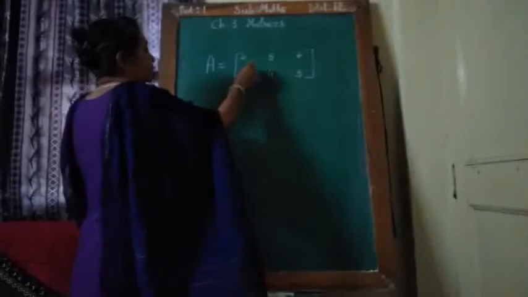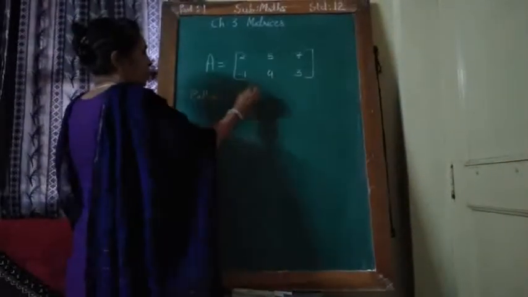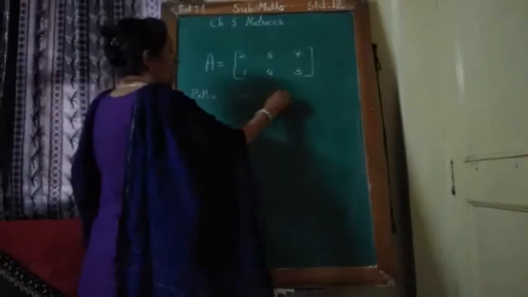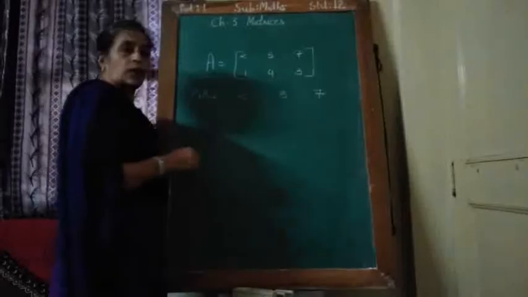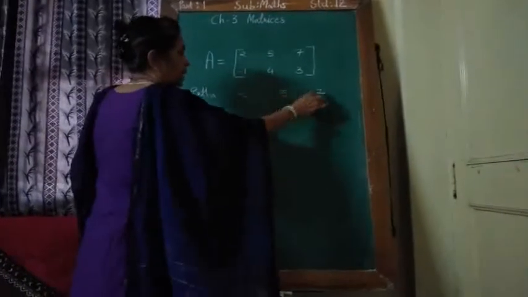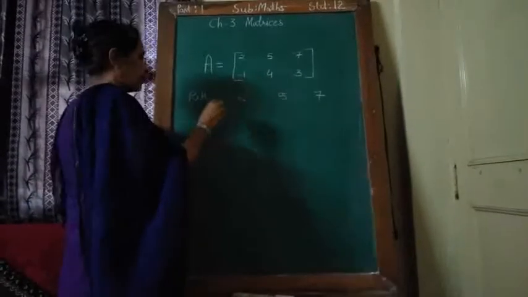Okay, and this representation is very useful, because suppose I say that Radha has 2 pencils, 5 pens, 7 rubbers. That you write in statement form.